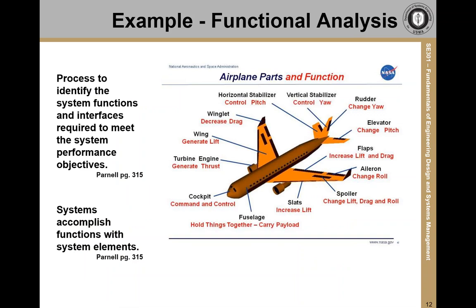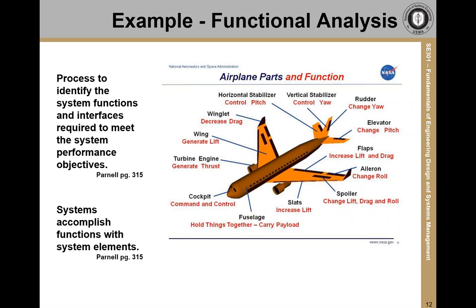Functional analysis is done quite a bit, so you can see here how NASA does functional analysis if we're looking at an airplane. So if we have any aeronautical engineers or future pilots in the audience, you can see in most every case they use in red the functions, right? So you can see in black you have the parts of the plane, and in red you have the functions.